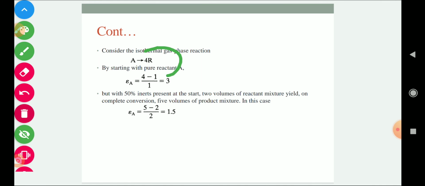Similarly, after the reaction we have 4 moles of product plus 1 mole of inert, because the inert does not participate in the reaction, so its composition will be as it is. So in the product we have 4 moles of R plus 1 mole of inert, so the total number of moles is 5. So if we calculate epsilon A, in the product we have 5 moles minus in the reactant 2 moles, so 5 minus 2 upon 2 equals 1.5.